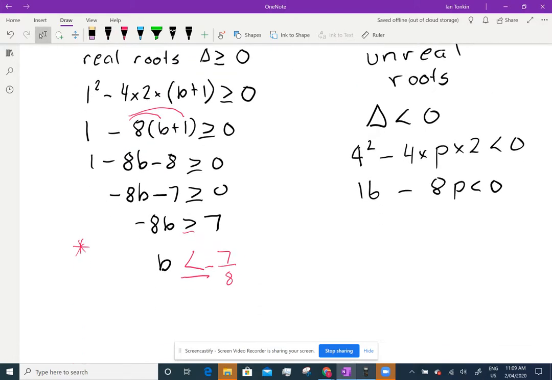I'm going to take that 8p over the other side, 16 less than 8p. Don't have to change the inequality because we just added 8p, and divide by the 8. 2 is less than p, so p is greater than 2. Write it the other way around if you want. Now, if you subtracted the 16 and then divided by the negative 8, you still would have arrived at the same answer, but you would have had to remember to change the inequality sign when you divided by negative 8.